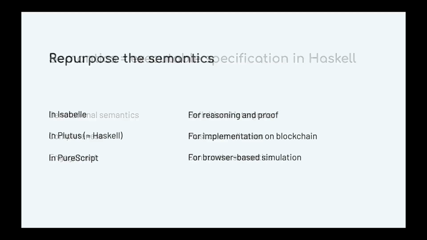And what's even nicer is that we can reuse this semantics in a number of different ways. So in the theorem prover Isabelle, we can use the semantics for reasoning and proof. And we use pretty much the same semantics, because Isabelle uses a functional language as its subject. We can run the semantics in Plutus.